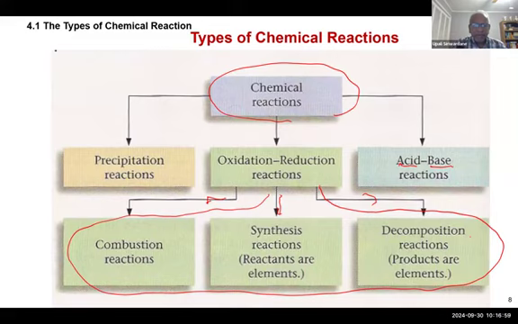Combustion is mainly a reaction with oxygen. Decomposition is any reaction in which complex reactants are converted to simpler products, where the elements involved transfer electrons, an oxidation reduction reaction.